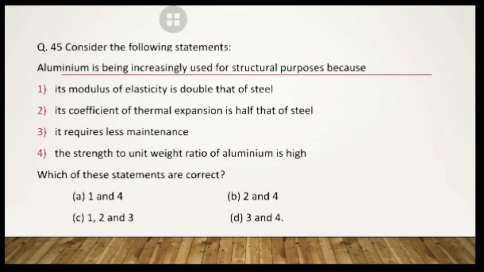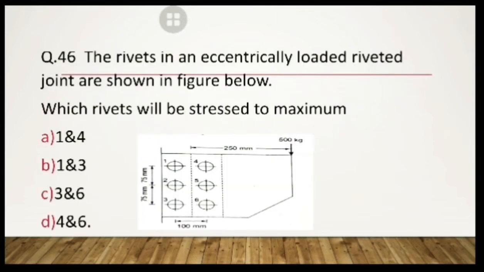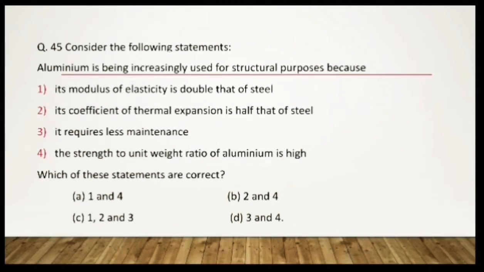So question number 45. Consider the following statement. Aluminium is being increasingly used for structural purposes because: Option 1, modulus of elasticity is double that of steel. Option 2, its coefficient of thermal expansion is half that of steel. Option 3, it requires less maintenance. Option 4, the strength to unit weight ratio of aluminium is high.